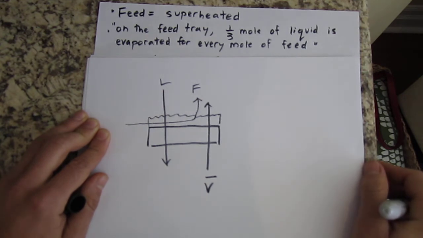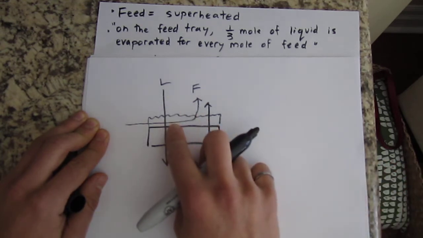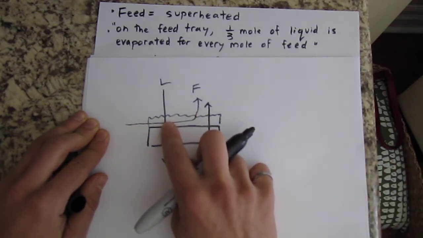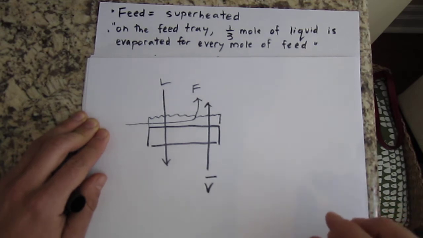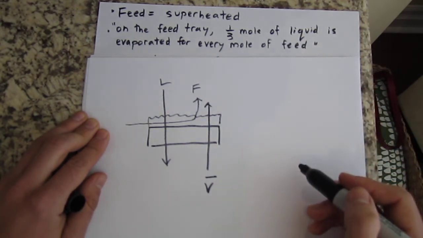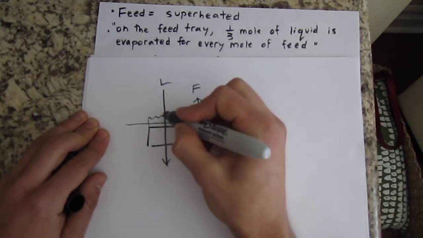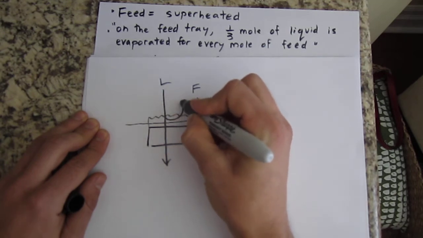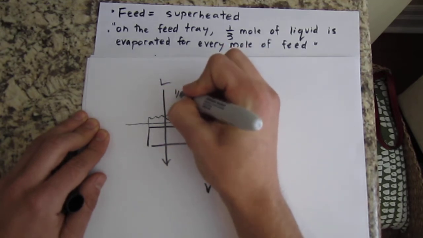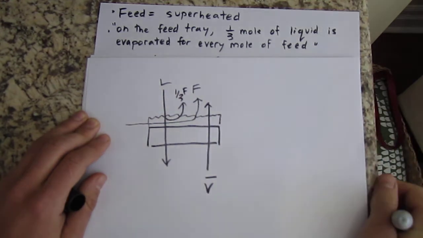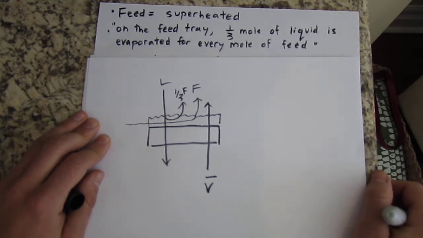So it used to be superheated, and now it's saturated, so that extra heat is going towards this liquid here, which is already at its bubble point, so some of it is going to evaporate, and that's where the 1/3 F is coming from. So you see the 1/3 F isn't coming from the feed, but it's coming from the liquid, and if you read the sentence carefully, that's what the sentence is saying. 1/3 mole of liquid is evaporated for every mole of feed.